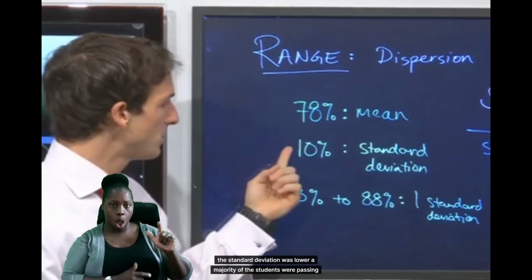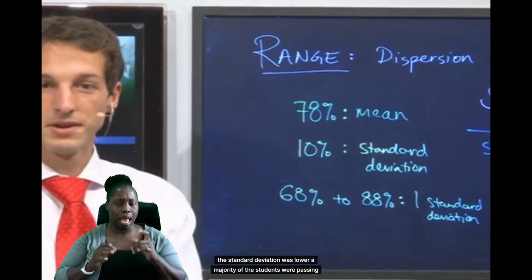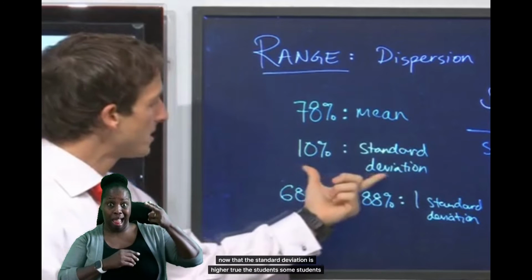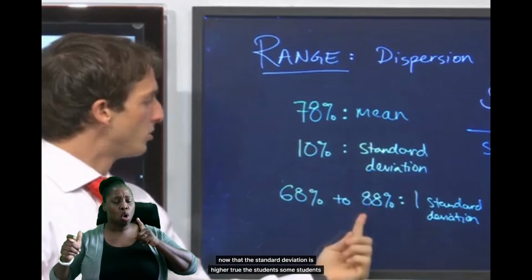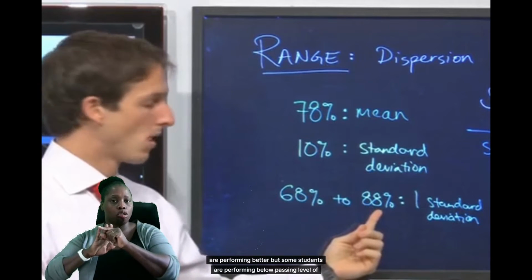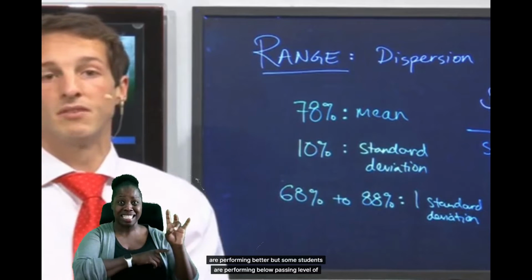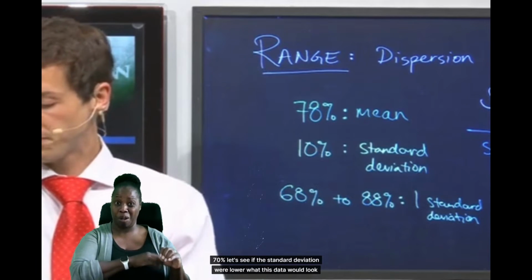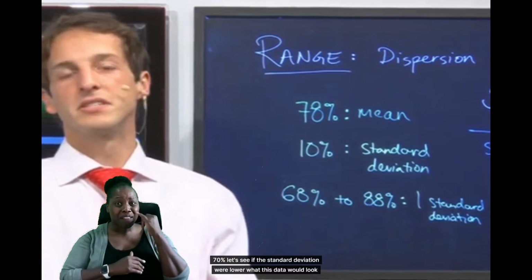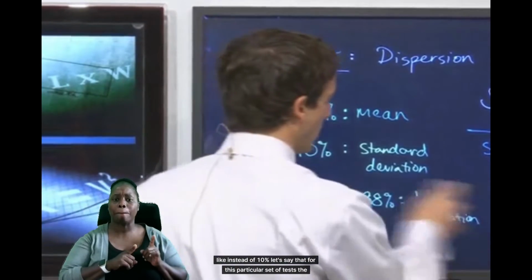When the standard deviation was lower, a majority of the students were passing. Now that the standard deviation is higher, true, some students are performing better, but some students are performing below passing level of 70%.